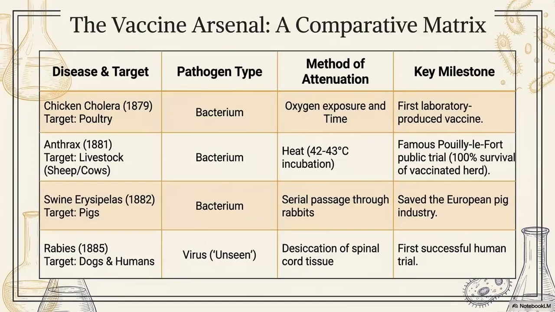The arsenal culminates in 1885 with the unseen rabies virus, neutralized through the desiccation of spinal tissue for the first successful human trial. This progression from bacterium to virus solidified the Pasteurian method, providing a standardized blueprint for artificial immunity that remains the foundation of modern immunology.